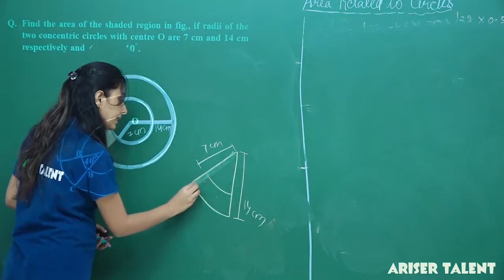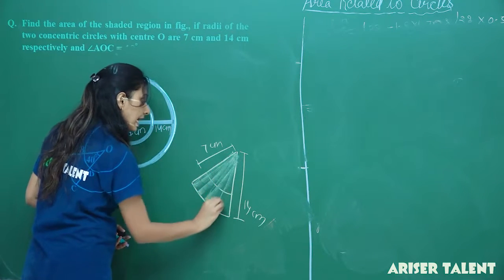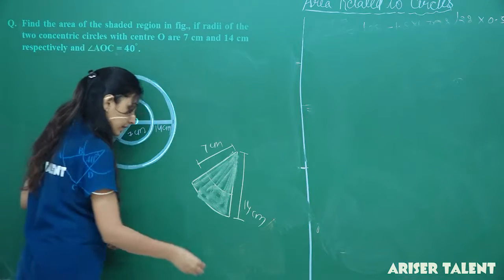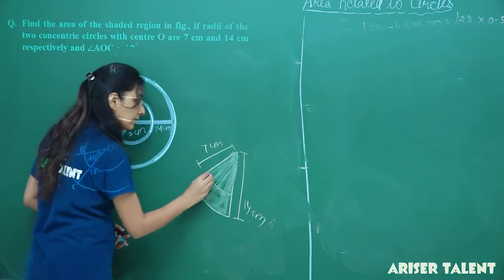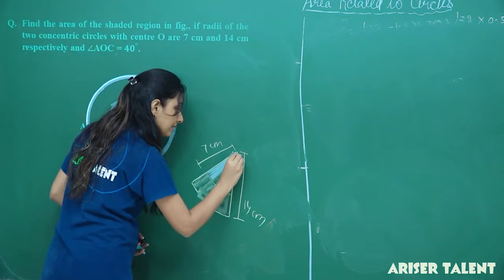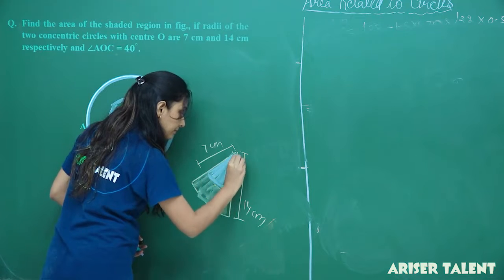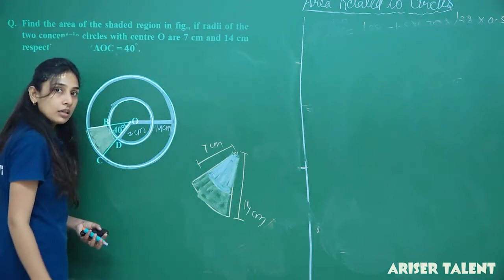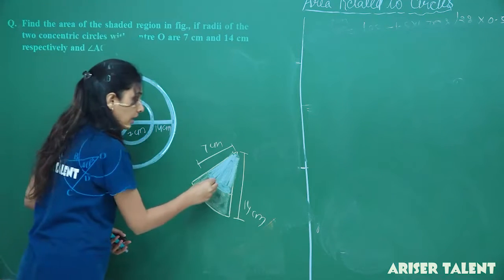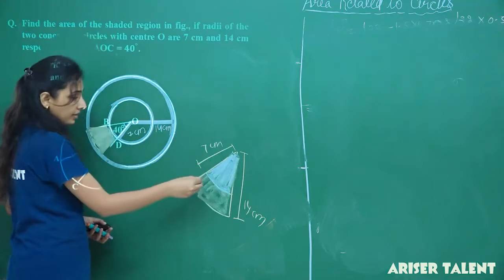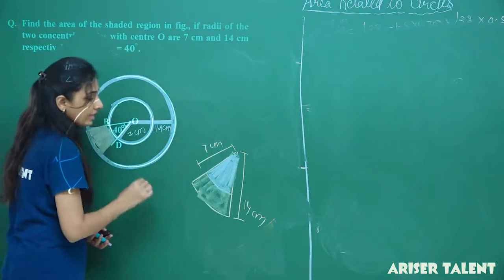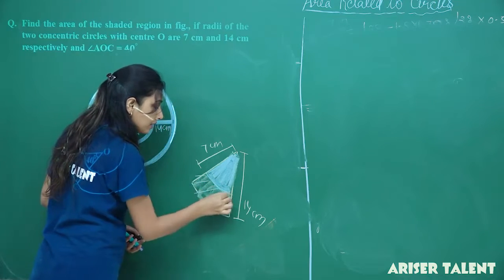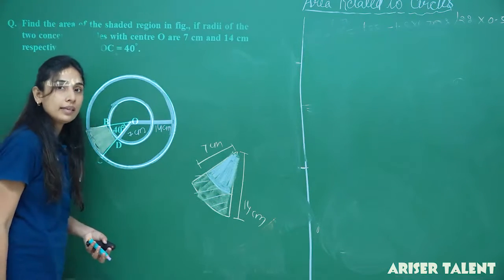I will take the area of this complete sector, and then I will subtract this smaller sector's area. If I subtract this sector's area from the complete sector's area, then I will be left with this one. So I am going to apply the same thing here.